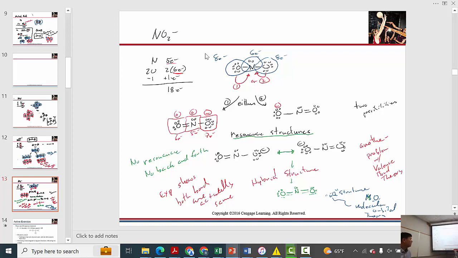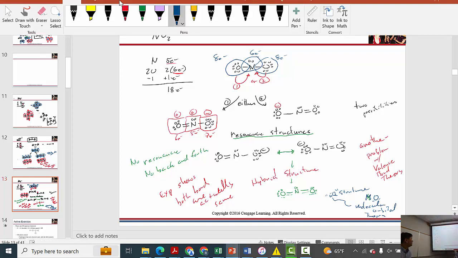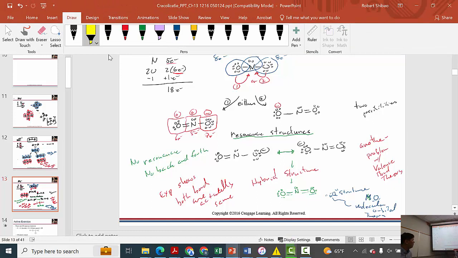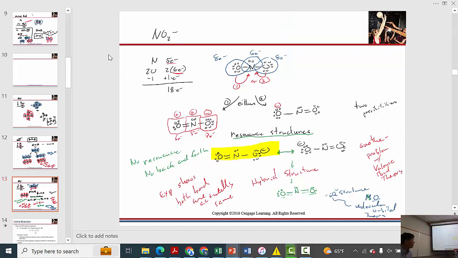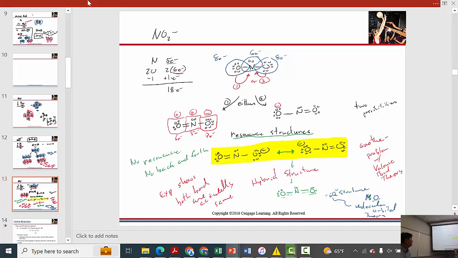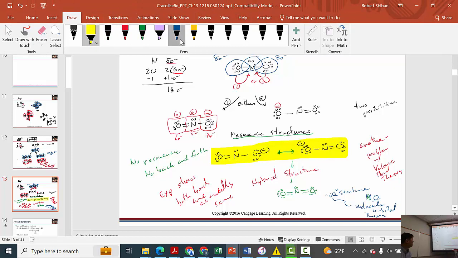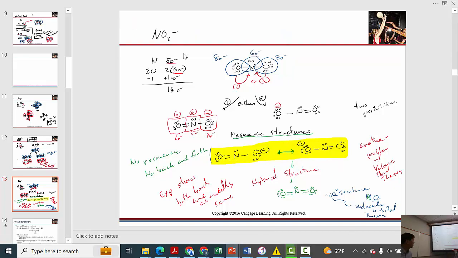But we're not going to worry about the hybrid structure. We just want to draw all the Lewis structures available. And so the answer for this particular question will be these two structures here.